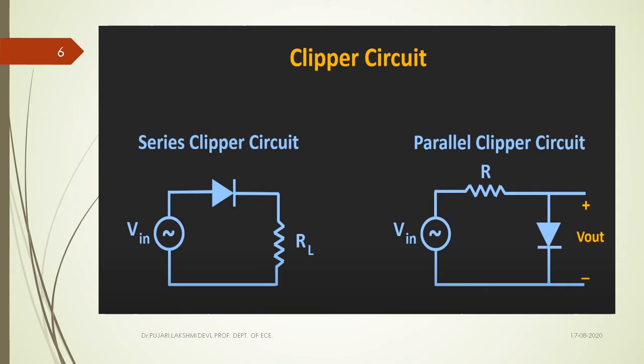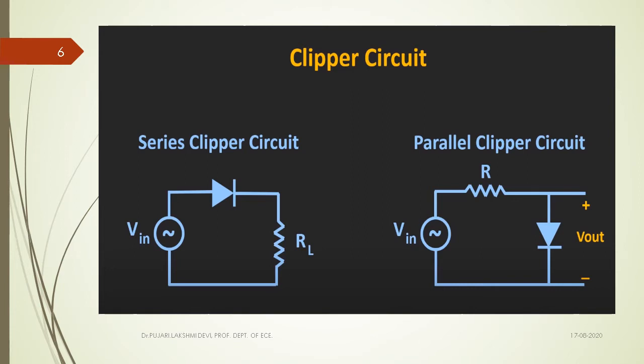In a parallel clipper circuit, the diode is connected in parallel with the load. Here only a series limiting resistor is shown, not a load.